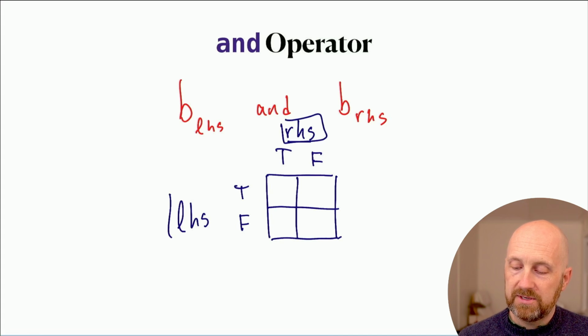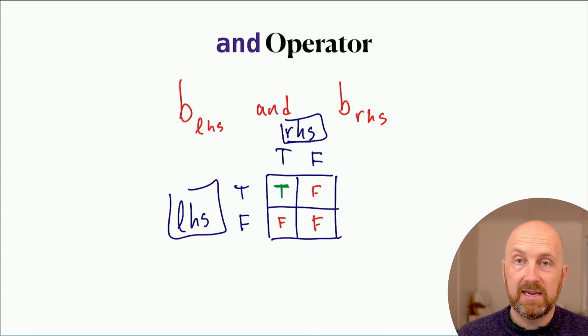And the way this works is the only path towards getting true is for both of the right-hand side and the left-hand side to be true. We'll get false in every other case here. And again, just like with a multiplication table, if you trace your fingers in one direction and from the other where they intersect, that's what you'll ultimately evaluate to. The key idea of the AND operator is that it takes a true value on both sides in order to get true, otherwise you get false.